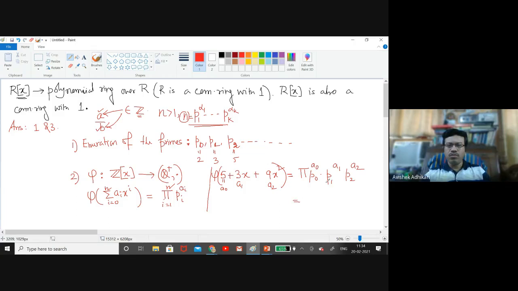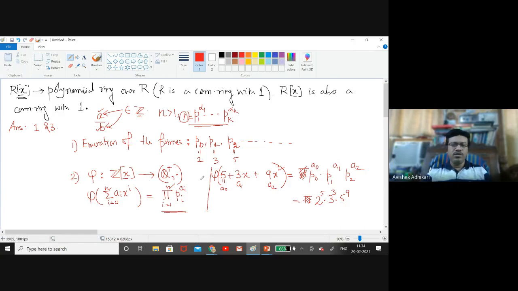P0 is 2, so it's already in product form. So it is 2 to the power A0, where A0 is 5, into P1, which is 3, to the power 3, and then P2, which is 5, to the power 9. That is the meaning of this function phi.